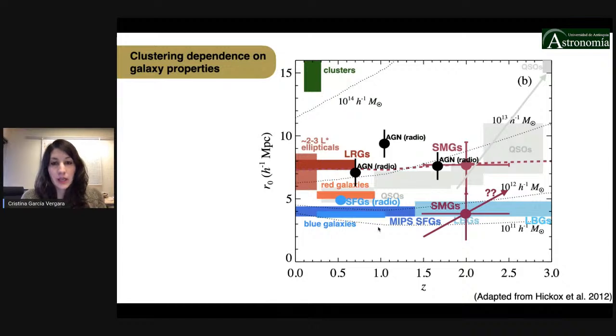We can also measure the clustering of objects at much higher redshifts, but we still lack a lot of information to perform more precise measurements, especially at the highest redshifts and at wavelengths other than the optical.